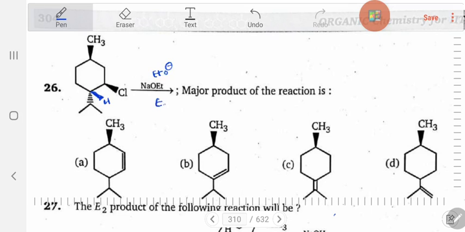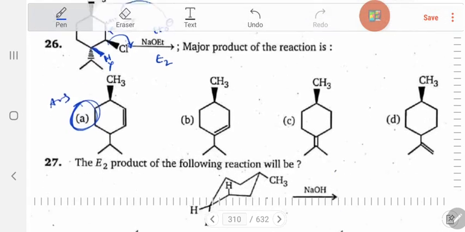Strong base means definitely E2 elimination. In E2, the necessary condition is the anti-periplanar condition. That means both leaving groups must be opposite to each other. So here hydrogen and chlorine both are on the same side. So this hydrogen will not be involved in E2 elimination. So definitely the hydrogen present here is involved in E2 elimination. So the obtained product will be, this will abstract here and this bond will be shifted here. So you will get a double bond at this position. So the correct answer is option A.